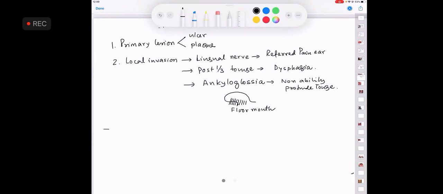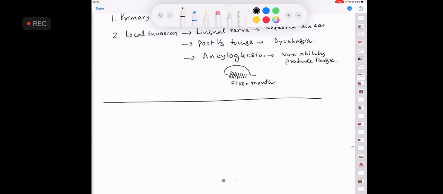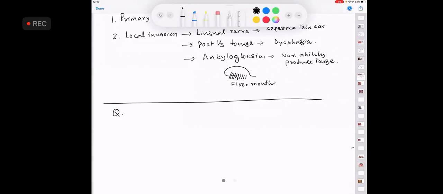Next question. What is your treatment plan? How do you plan the treatment in this patient? So the planning of the treatment will require me to confirm my diagnosis by taking a biopsy. What kind of biopsy will you like to take?